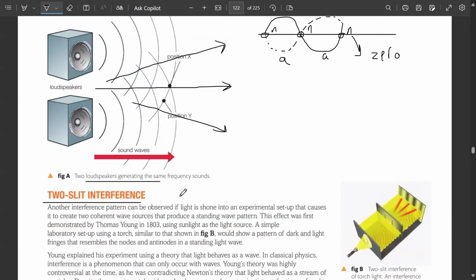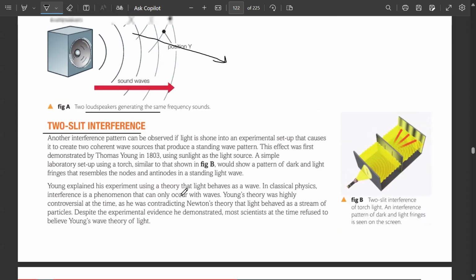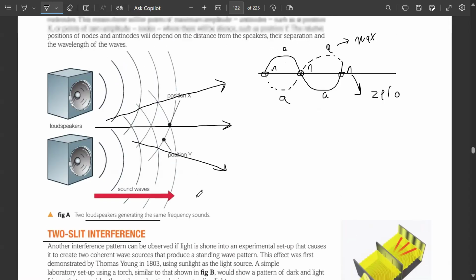And now what is two slit interference? So can you tell me what is interference when you look at this loudspeaker diagram? When they, I don't know how to explain it, but when they overlap each other. Overlap, yes. Good. Okay. All right.